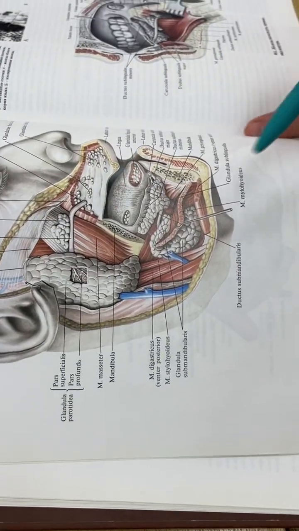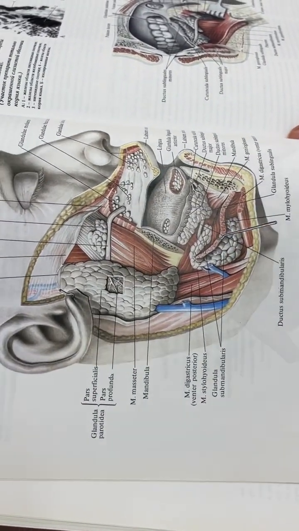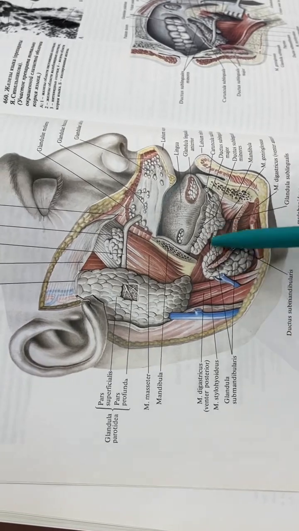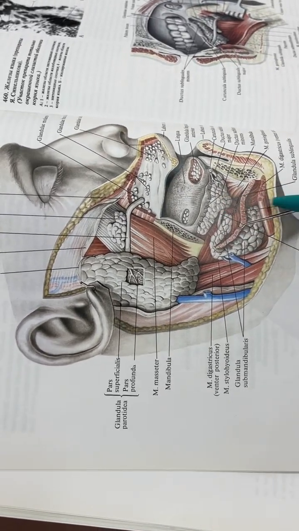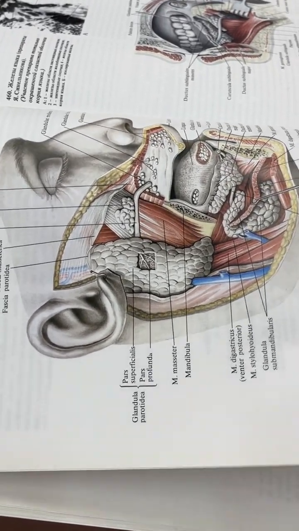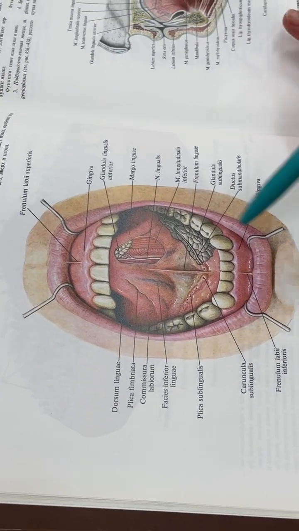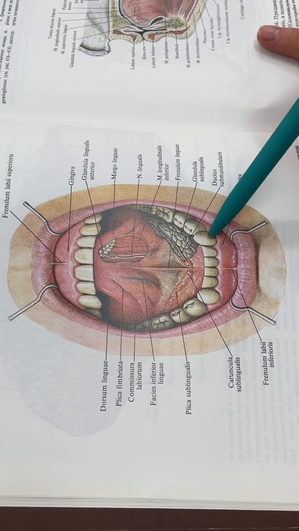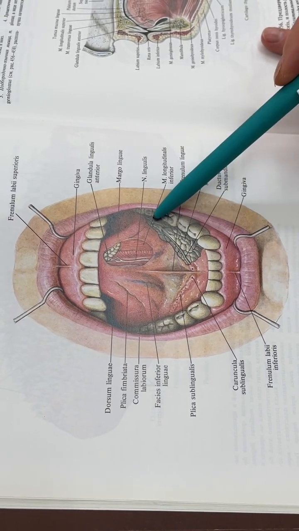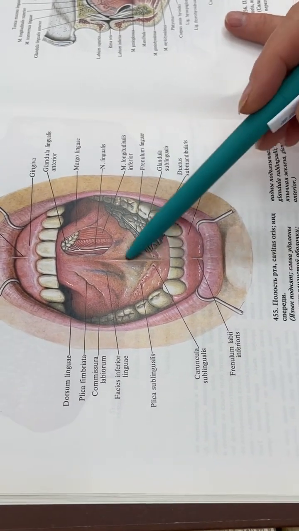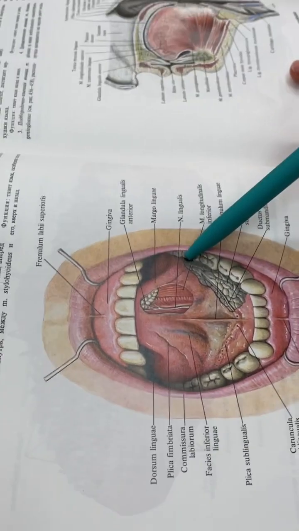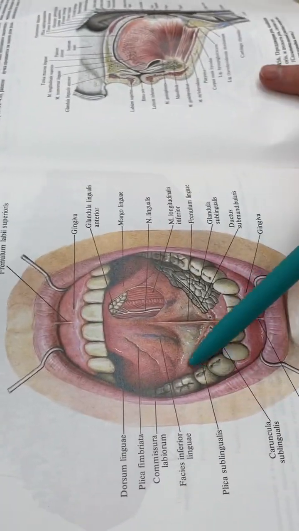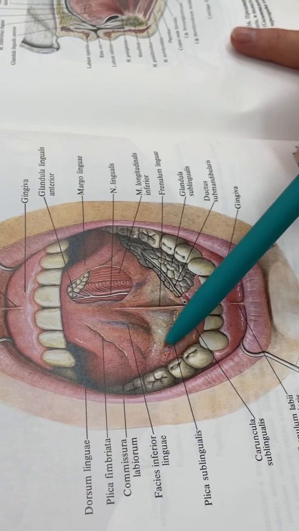Which glands? This will be submandibular, which is in the submandibular triangle, and then sublingual gland, which is located right under the tongue, inside the oral cavity. So it forms the elevation which runs from the frenulum of tongue laterally, and this elevation of mucosa is called sublingual fold.